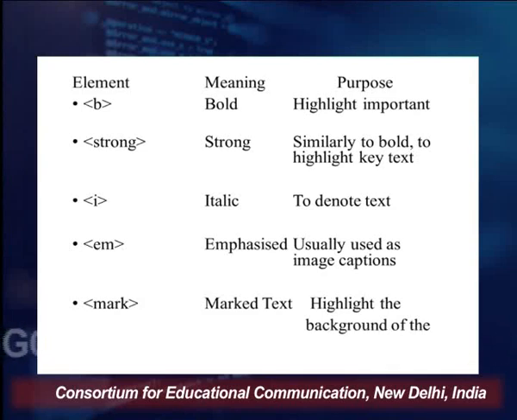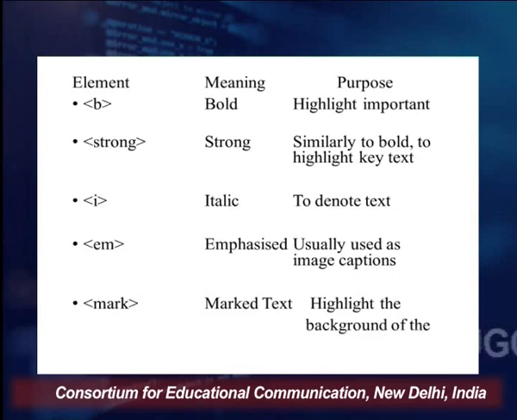Then if you want your text to be in italics, we need to use I. Apart from I, we have EM. EM is the element used for emphasizing a text.